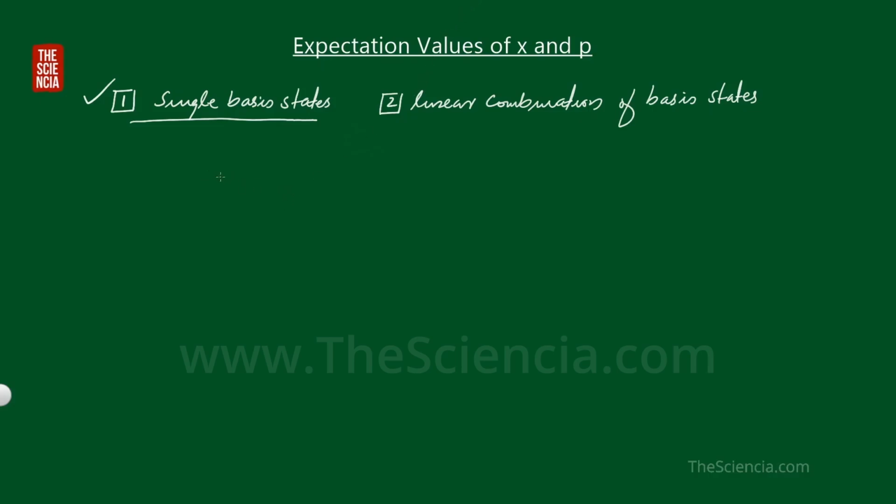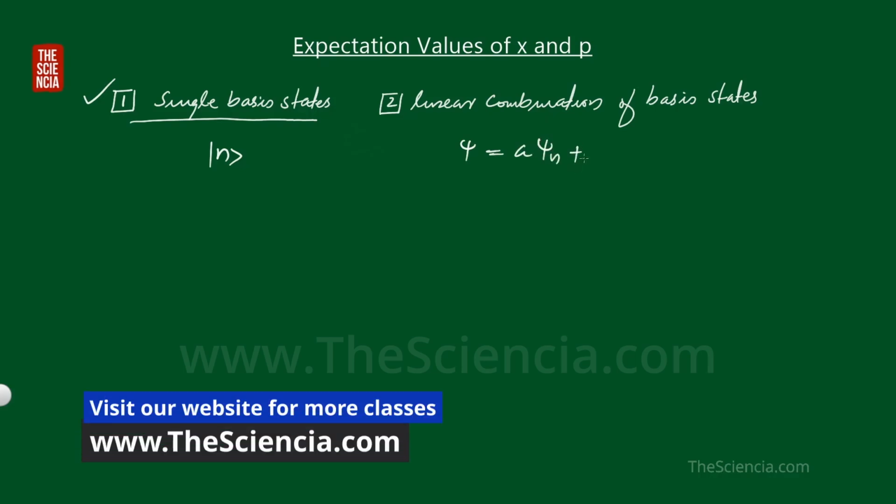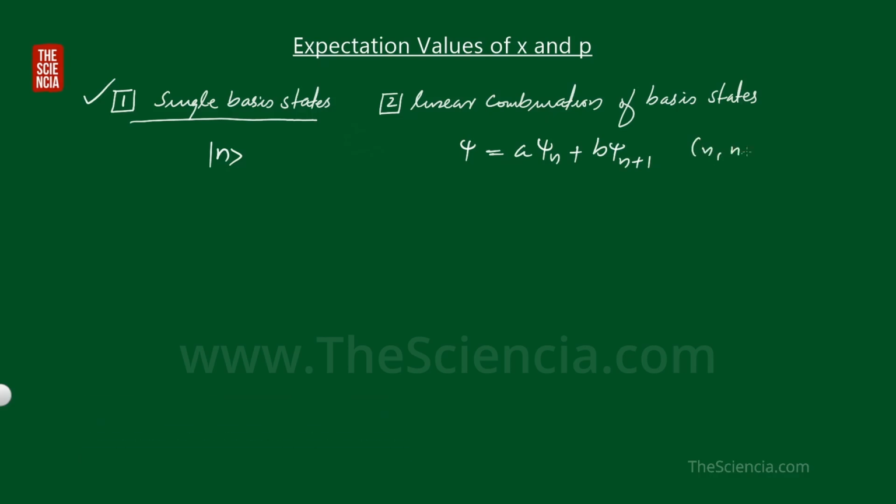In the earlier session, we discussed the expectation value of x and px in a single basis state n. Now we are going to solve for the average value of x and px in a linear combination of basis states, that is psi is equal to a psi n plus b psi n plus 1, where n and n plus 1 are successive states.